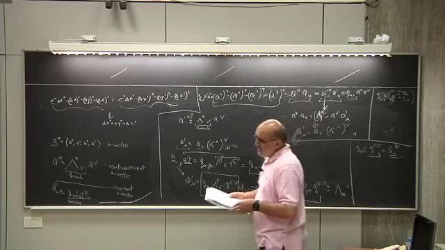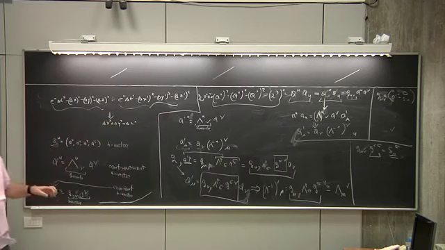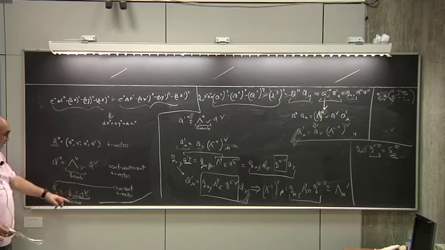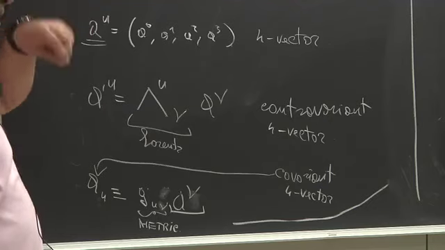So just for the main concept, we need a metric to lower indices, okay? And the lowering of indices is just a definition. So the one with the index up we call contravariant, and it transforms under Lorentz in this manner. So somehow this is the definition of contravariant. It doesn't matter where I put the index.